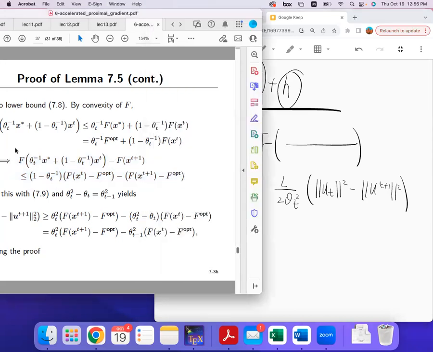So what we can do is multiply both sides by -1. Then f(x_{t+1}) minus this term will be bigger than or equal to the negative of this term.